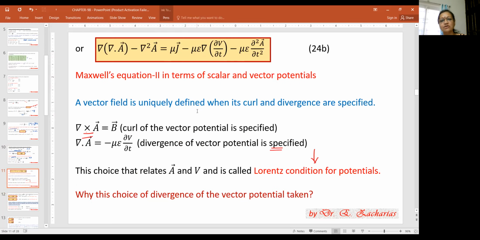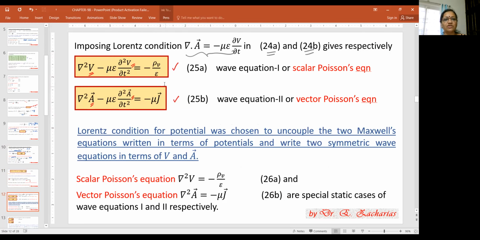Now by applying the Lorentz condition, you have modified those two equations into two equations which are very, very symmetric. The first equation has the charge source on the right hand side, that's not changing. The second equation, Ampere's law, has the current source on the right hand side, that is also not changing. But you are now able to write two equations which quite resemble your Poisson's equation.